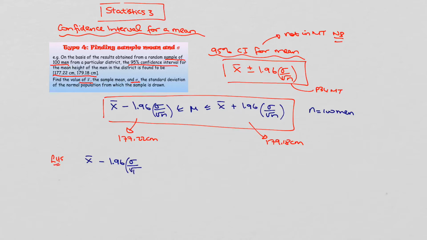So I have the square root of 100, and that's equal to 177.22. So if I was to actually calculate the left-hand side there, I'd end up with 177.22 centimetres. The square root of 100 is 10, so that simplifies down to 0.196 times sigma.